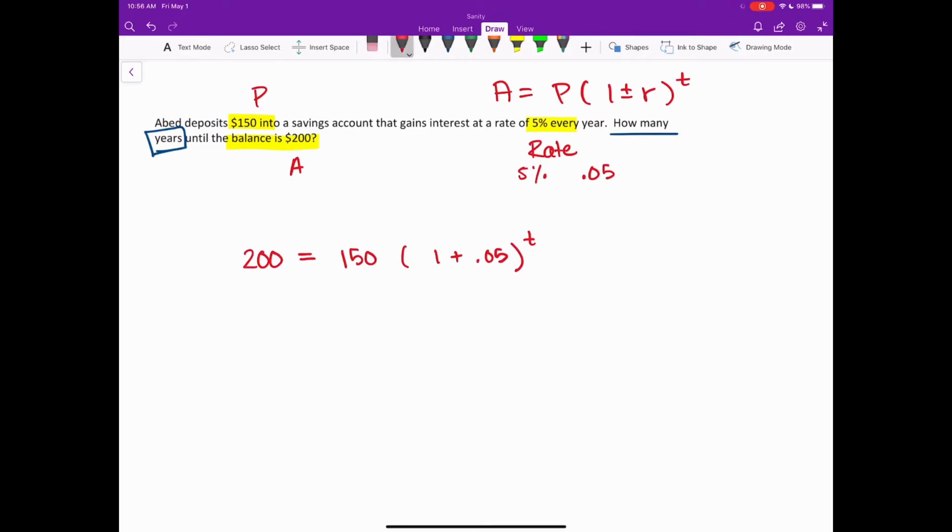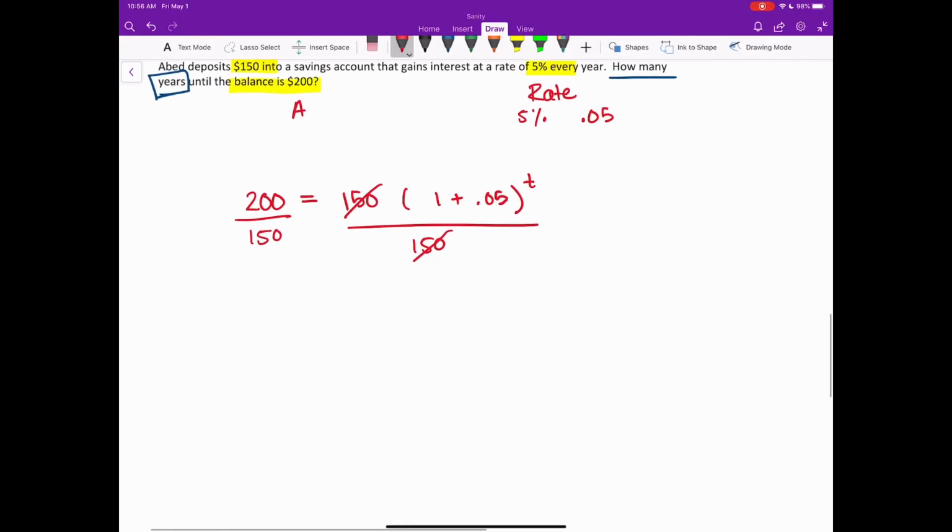So first I can divide by 150 on both sides. Again, my goal is to get it to a very simple exponential equation. I have to do a little bit more simplifying. 200 divided by 150 is 1.33 repeating equals, and then 1 plus 0.05 is just 1.05 to the power of t.